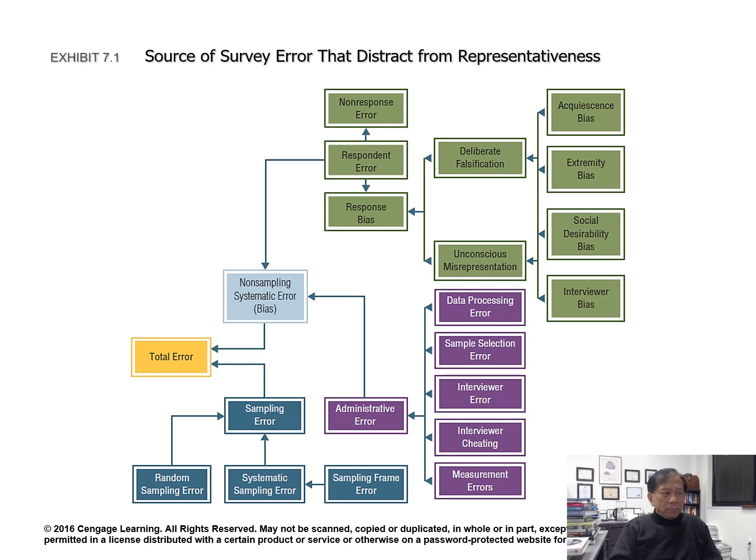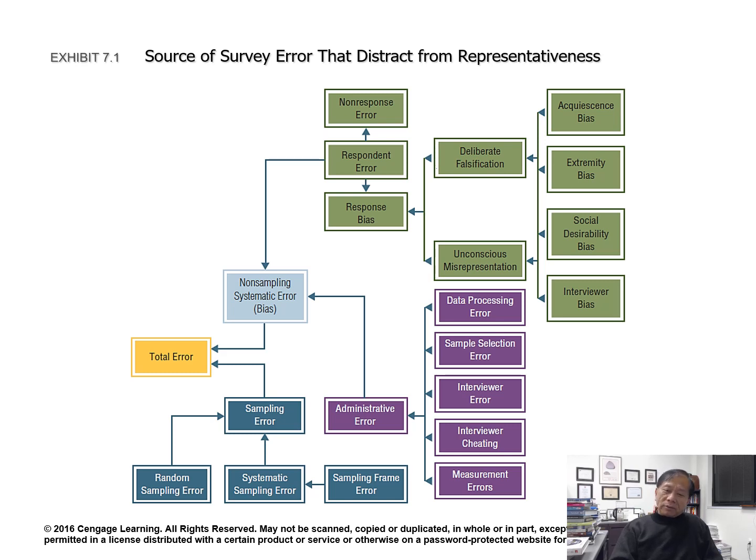Then there's administrative error, right? You could have data processing error. You process data and introduce an error. There's sample selection error: selecting the wrong samples. Interviewer error: the interviewer asks the wrong questions or did something wrong. Okay. There's interviewer cheating. Unfortunately, there is interviewer cheating.